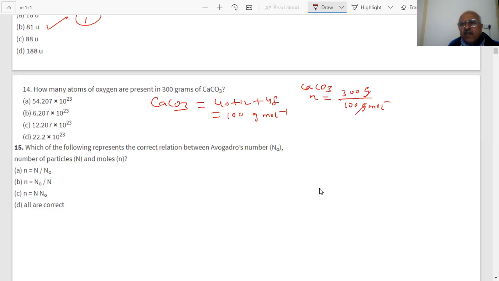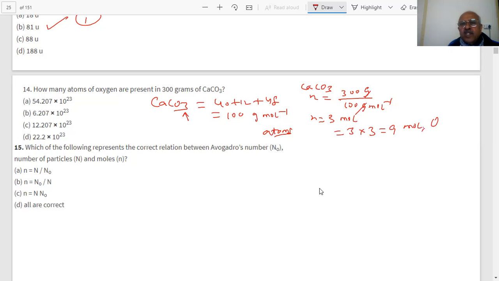Students, gram cancels. So you get n equal to 3 moles. And 1 mole of CaCO3 contains 3 atoms of oxygen. So how many moles of oxygen are there? 3 into 3, 9 mole oxygen atoms.